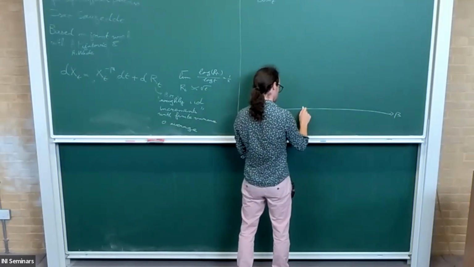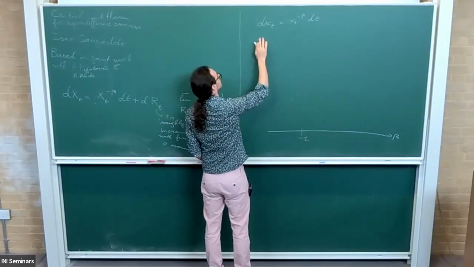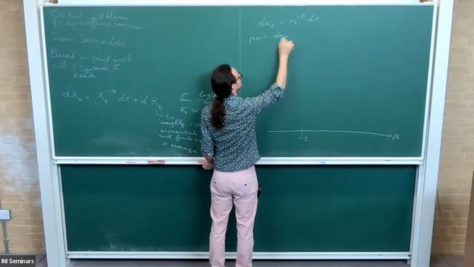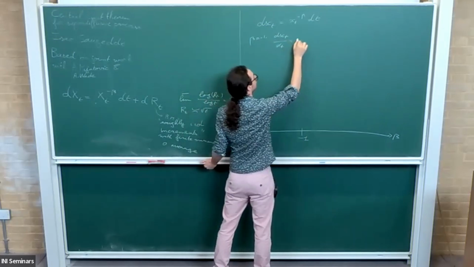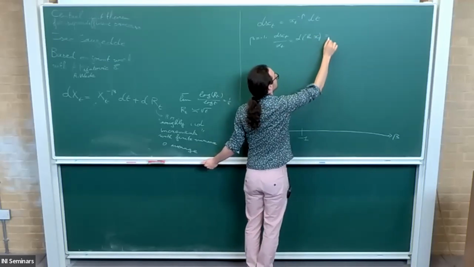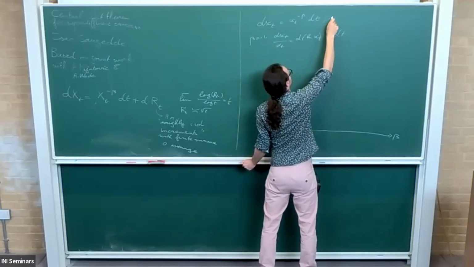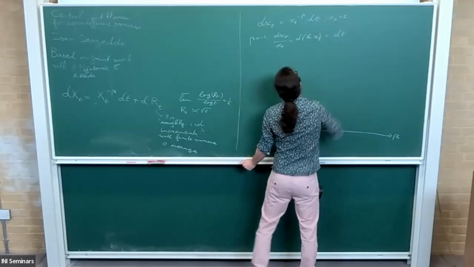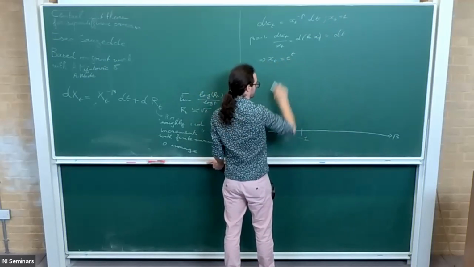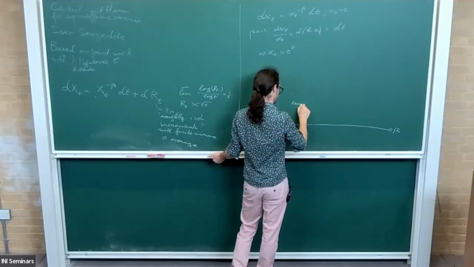For beta equal to -1, we get that dXt over Xt, which is d log Xt, is equal to dt. So if we take, for example, the initial condition that X0 is 1, then Xt is just exponential. So we have exponential divergence.